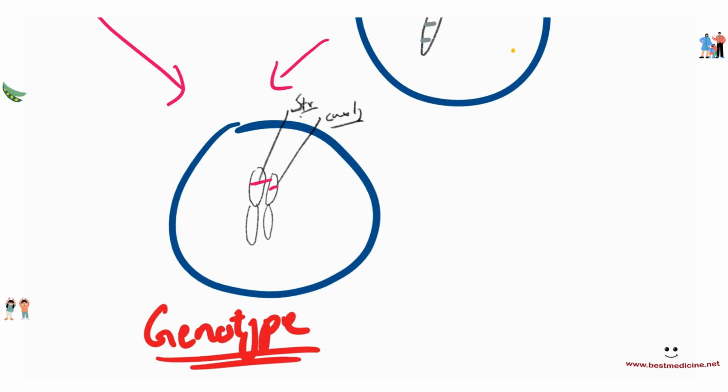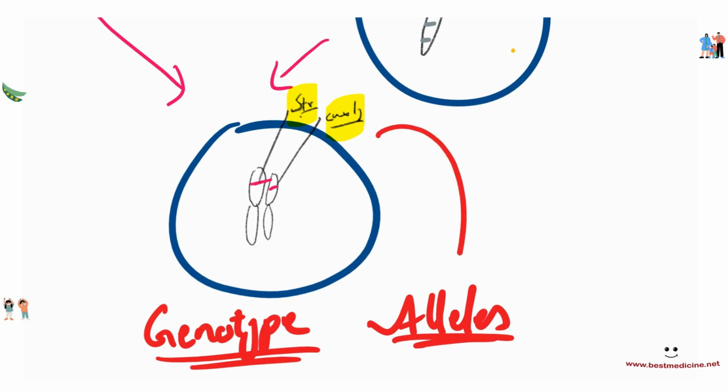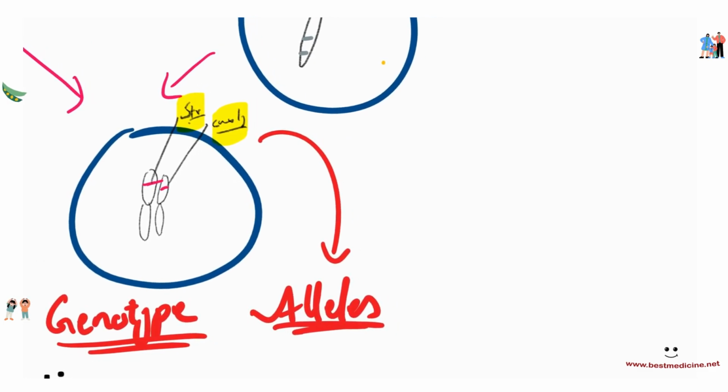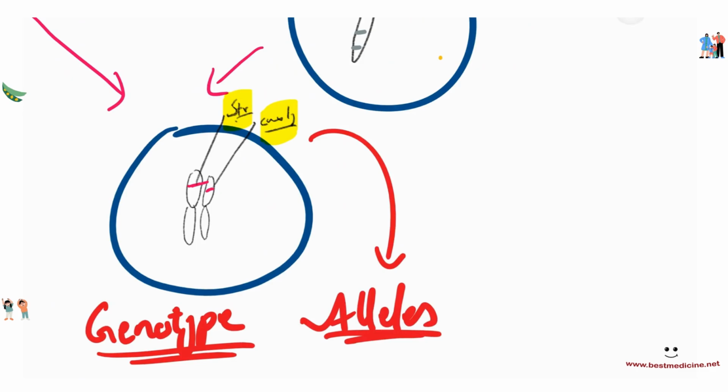What is the hair texture? Is it straight or is it curly? And we have 2 versions here, straight and curly, and those are called alleles. So alleles are versions of a gene, and we jot them down and represent them as a genotype.